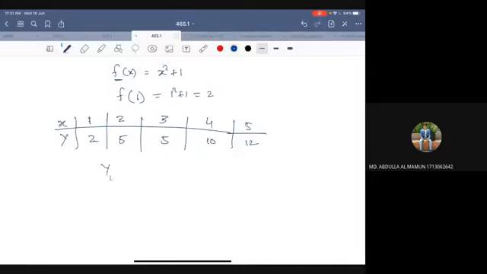I am using the subscript yi to indicate 1, 2, 3, 4, 5 as an index. The value of yi is coming from some original function f of xi, plus some noise. Is that fine? Is there any problem with this part? No, sir.